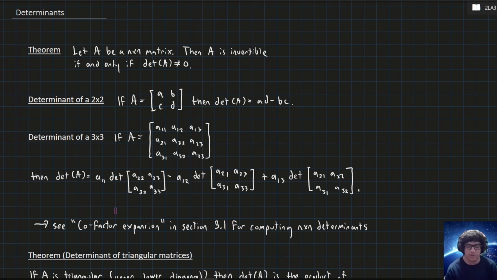You can use cofactor expansion to compute the determinant of any size square matrix, but for this class, we'll mostly be looking at 2 by 2s and 3 by 3s for computation.